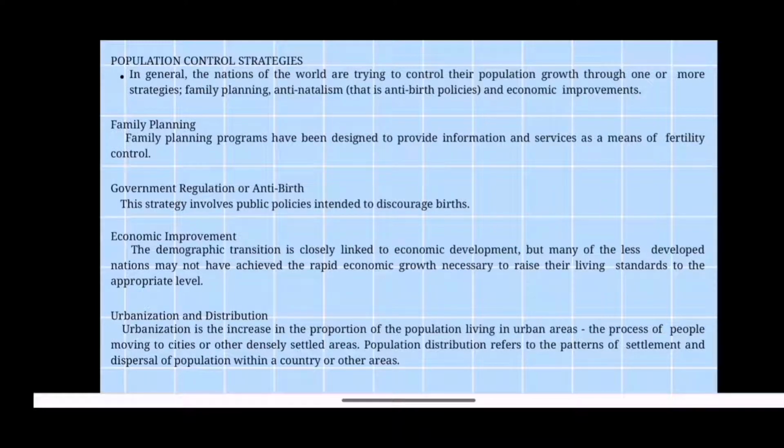Metro Manila or the National Capital Region has a large percentage of individuals living in different places, while in other places of the Philippines, we only have at least hundreds of thousands of individuals. Therefore, urbanization and distribution aims to produce an equal distribution of population in different regions of the state.